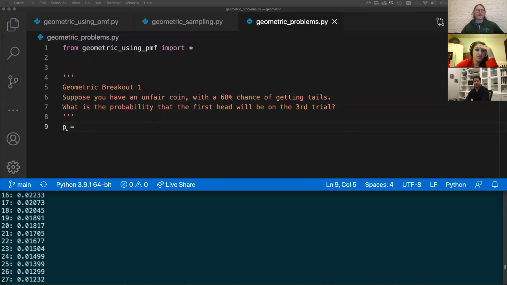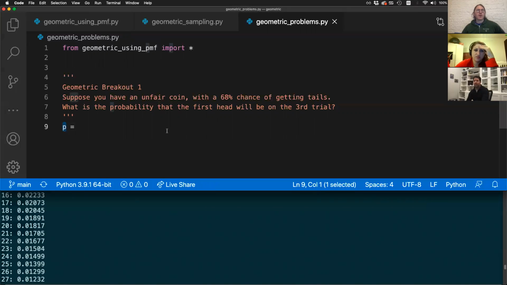Anybody have a thought about that, or want to throw out the answer? What is the probability of a single success in a Bernoulli trial in this case?